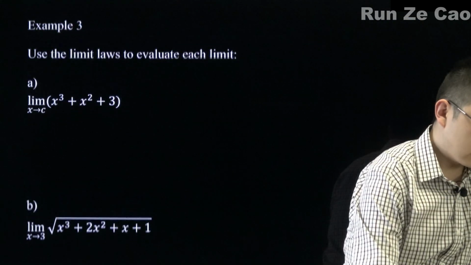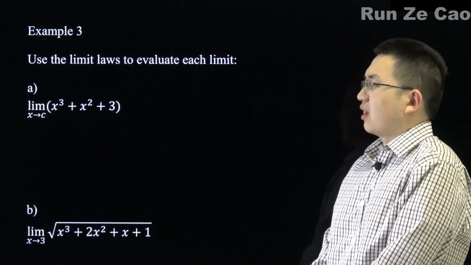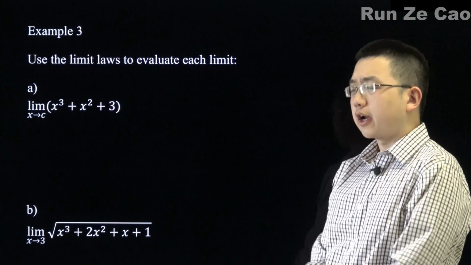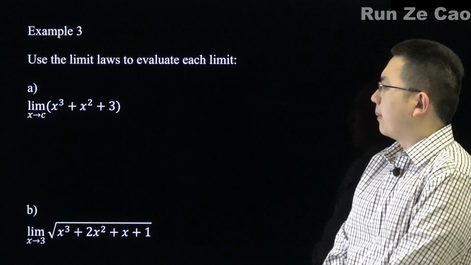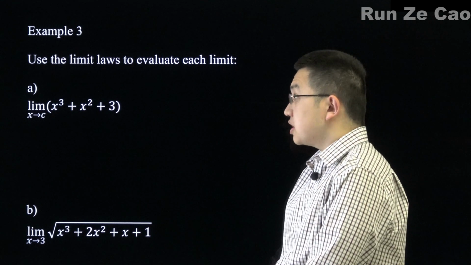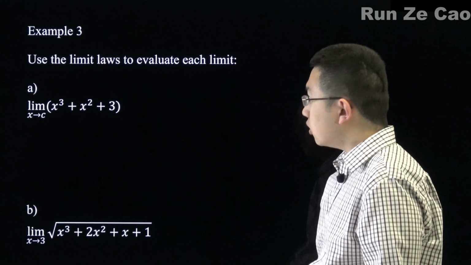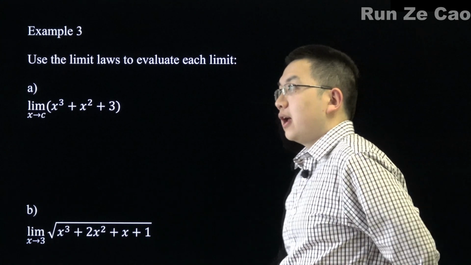Now, here, how are we supposed to use the limit laws here? We can break up the bracket, okay. What else? Hey, guys, there's no discontinuity here at x equals c. So we have a smooth curve.